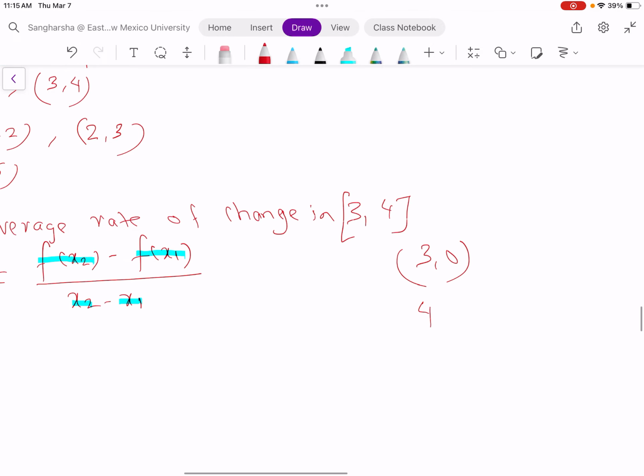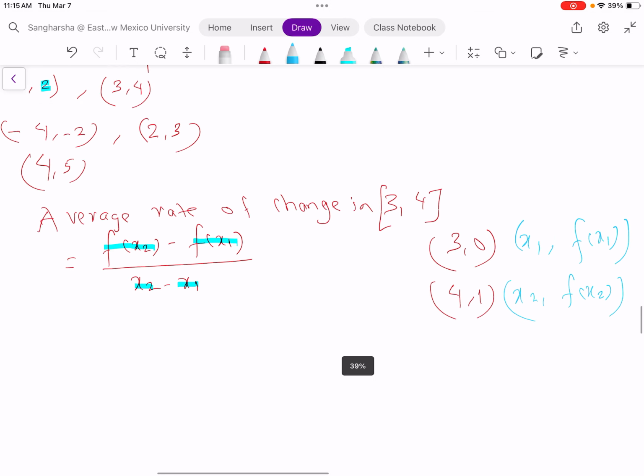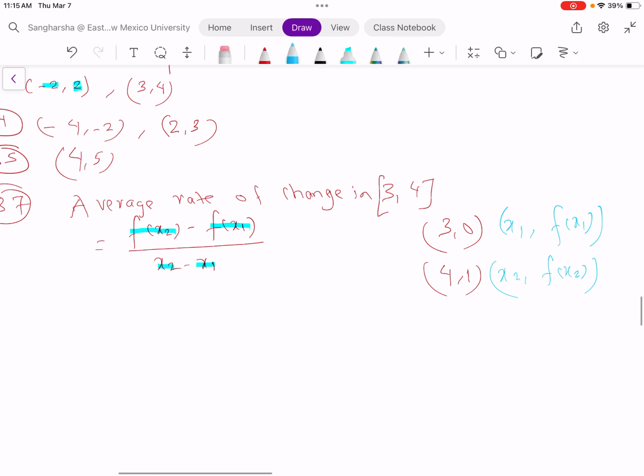So let's say this is our x1, and this y coordinate is f of x1. Let's say this is x2 and this is our f of x2. Now you substitute your x1, f of x1, x2, f of x2, and we get the average rate of change.